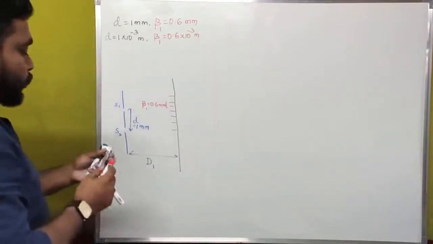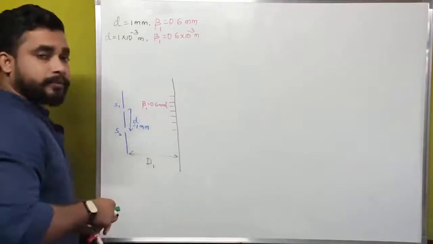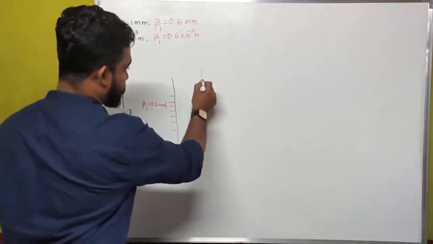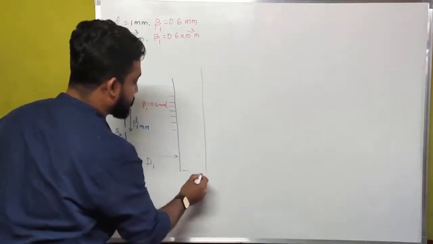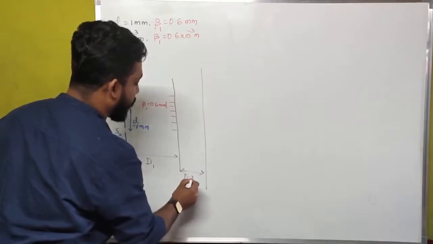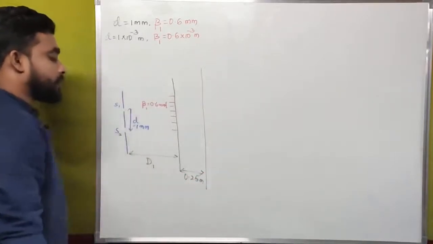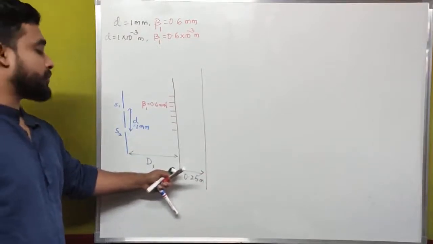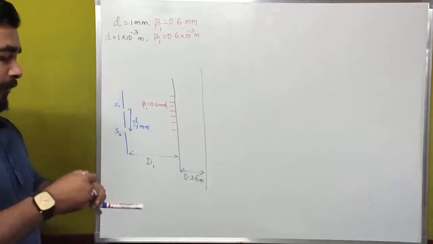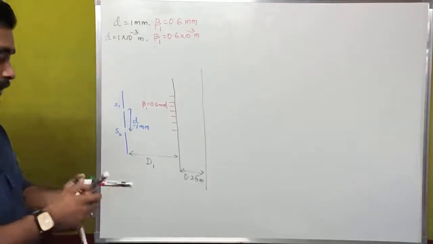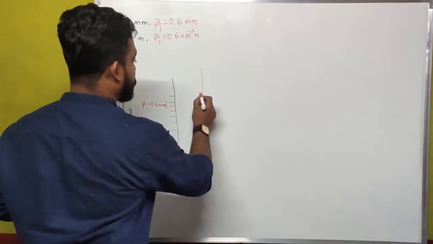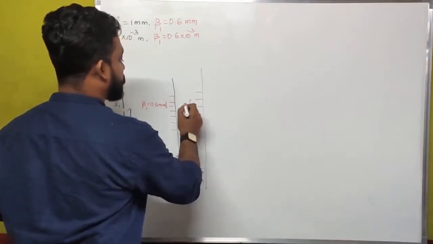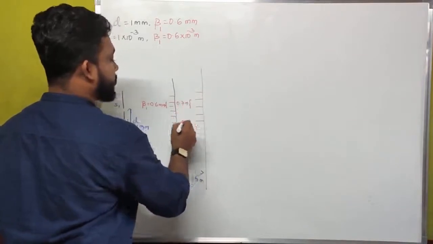Then if we shift the screen away from the slits to a distance of 0.25 meter, that is, from its initial position to 0.25 meter away from the slits, there will be a change in the fringe width, to about 0.75 millimeter.